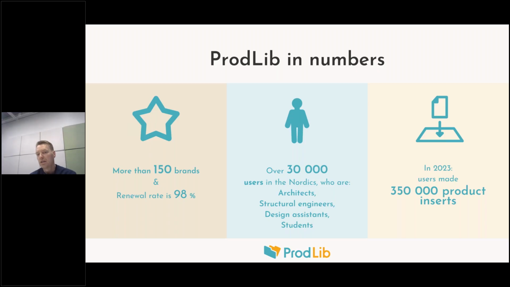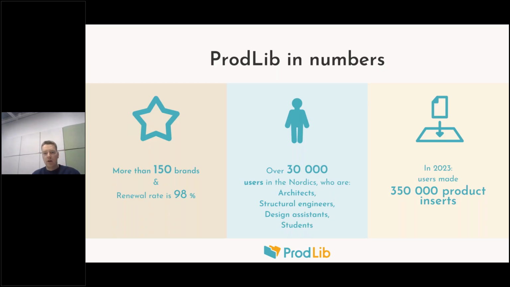Currently, we reach over 30,000 designers in the Nordics. And the designers are building designers, so we are talking about architects, structural engineers, design assistants, and students of those fields. Students are actually a really important user group for us, because if we have a 30-year-old experienced designer in an architect office, it's really difficult to change their mind on how they should operate in the future.